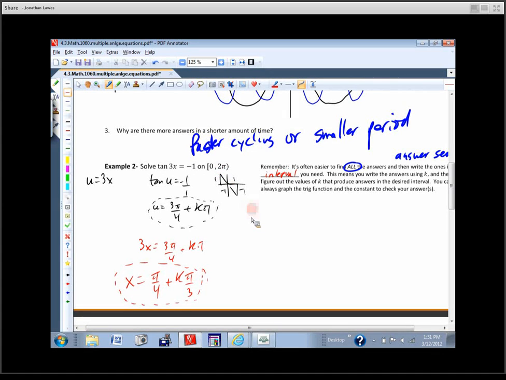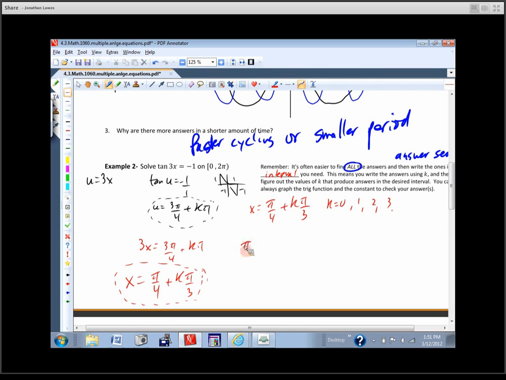So we're going to take that answer set, and I'm going to plug in k equals 0, k equals 1, 2, 3, and so forth, until I get all the answers in that interval. So what's the first one? First one's what you get when you plug in a 0. If you plug in a 0, that's going to be pi fourths plus 0.